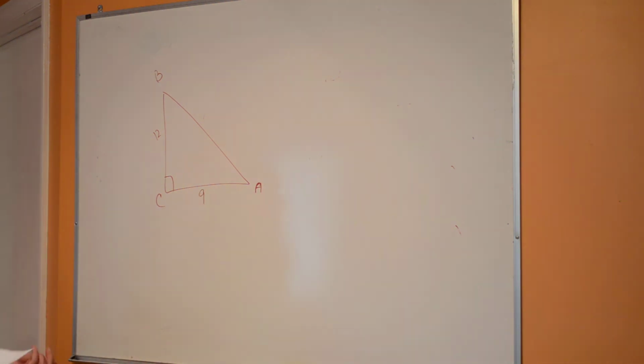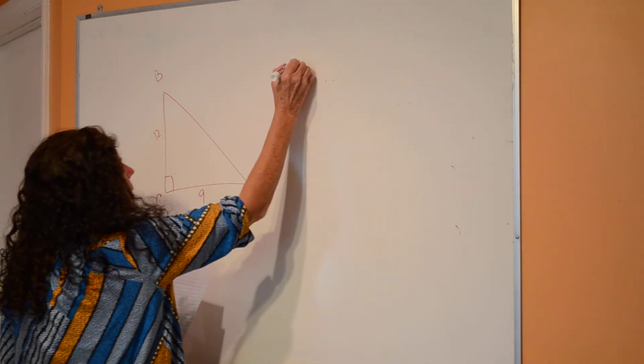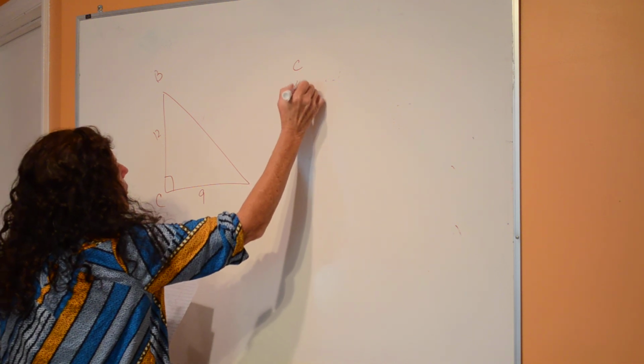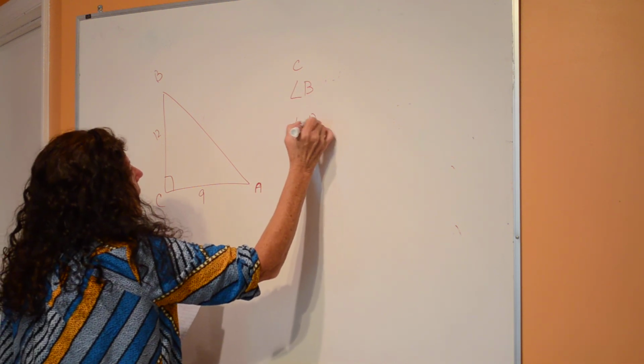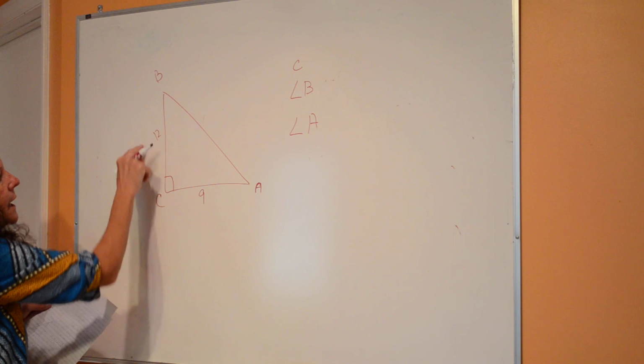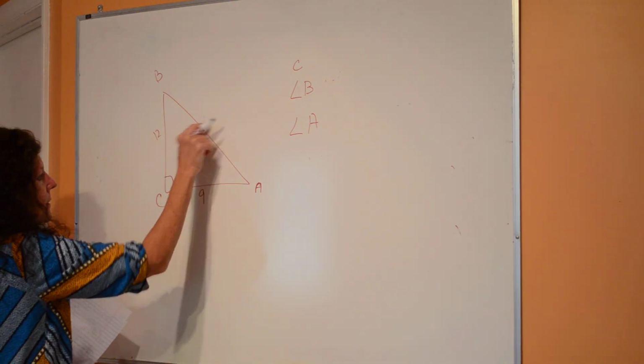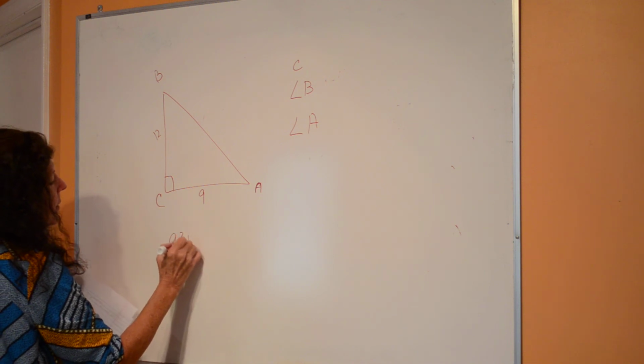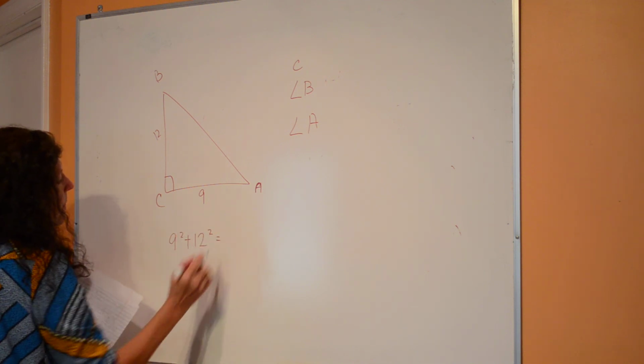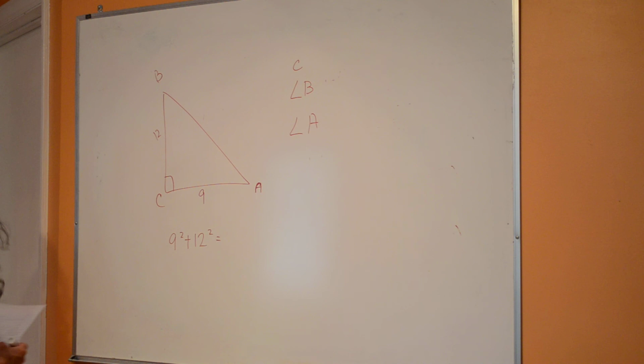And they want to find the missing parts. Well, I'm looking for little c, I'm looking for angle B, and I'm looking for angle A. Well, I can find little c by using the Pythagorean theorem. Remember, side opposite angle C is little c. So 9 squared plus 12 squared. And that's going to give me, I think it's 225, but we'll see.